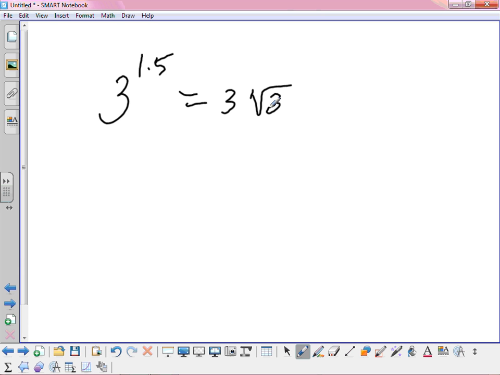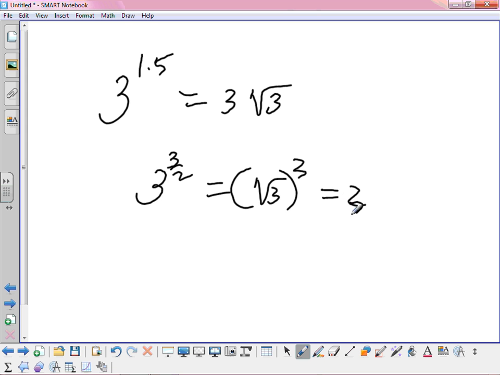So you get 3 square roots of 3. But 2 of those make what, 3? Maybe it would help. Where's my eraser? There we go.